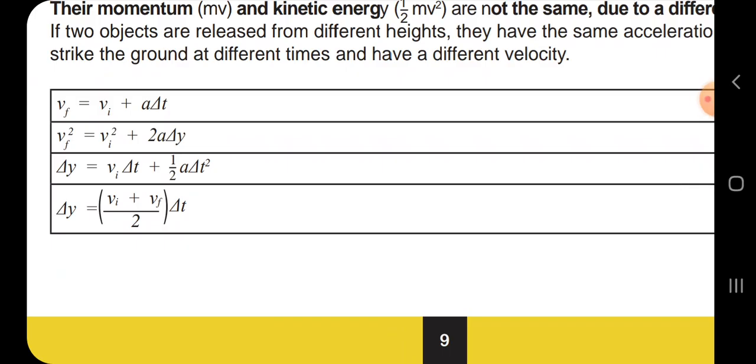We have initial velocity and acceleration due to gravity, which is 9.8, and, no, we are looking for time, so we can't use that one. We can use the second one. Yes, let's use the second one.